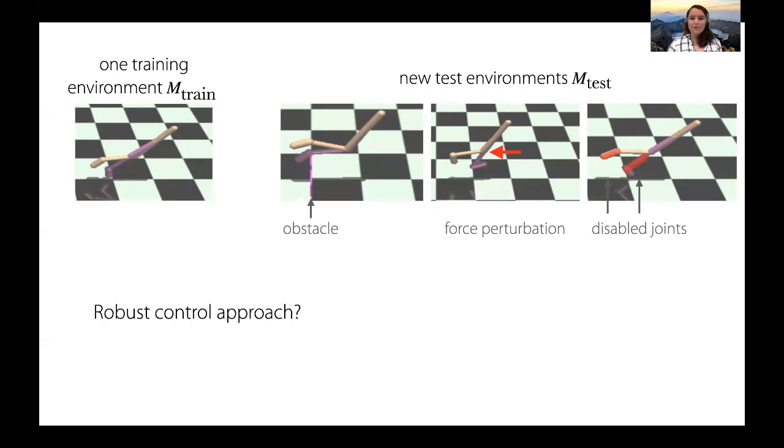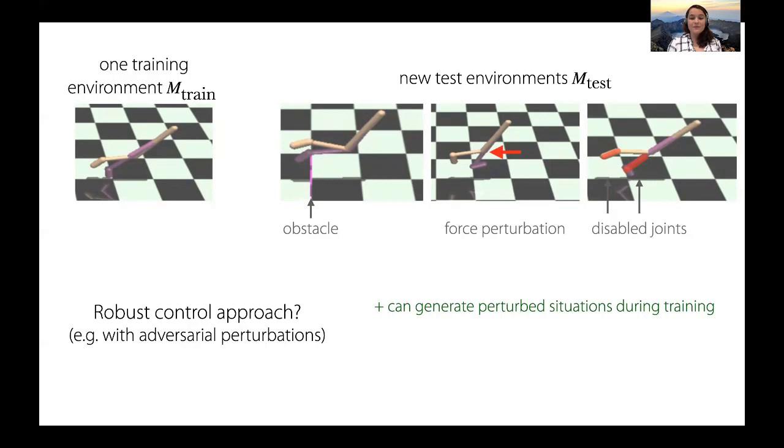Now, how might we go about solving and being able to handle these shifts in the environment? One natural approach is to build upon the idea of robust control. And what this would involve is adversarially perturbing the agent during training in the hopes that it can learn how to be robust to those perturbations and then be able to handle various perturbations at test time.